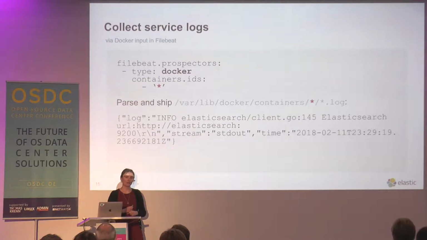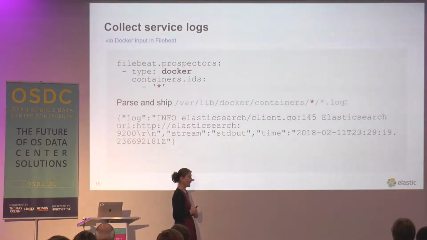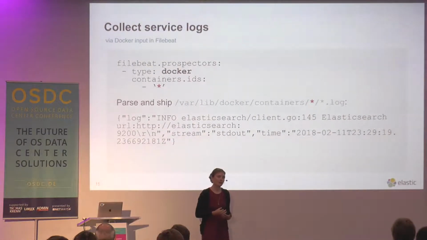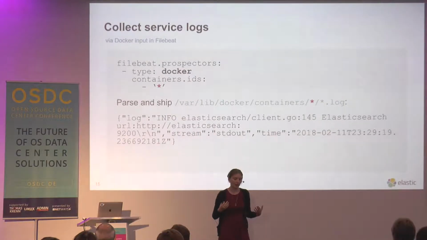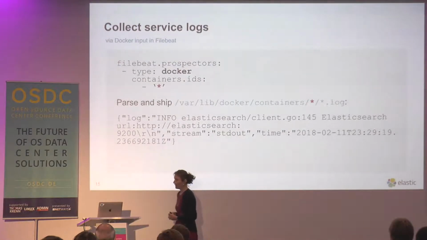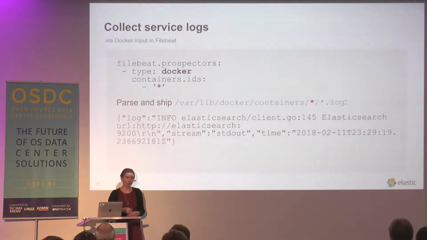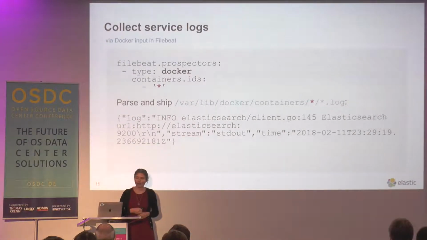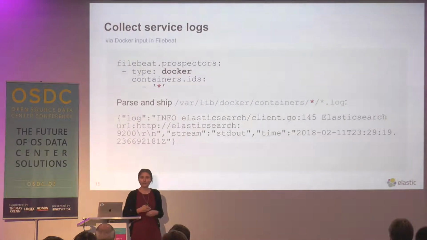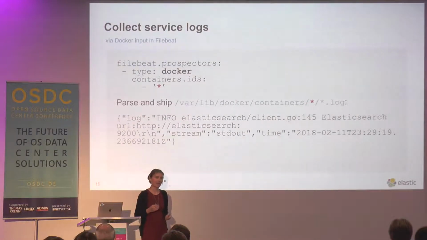So first, let's start with how you can collect the logs from your service. We have this Docker input in Filebeat that understands the format of the logs written by Docker if you are using the JSON driver. It gets the logs of the container from the default path, and also parses the log message a bit and extracts the timestamp.